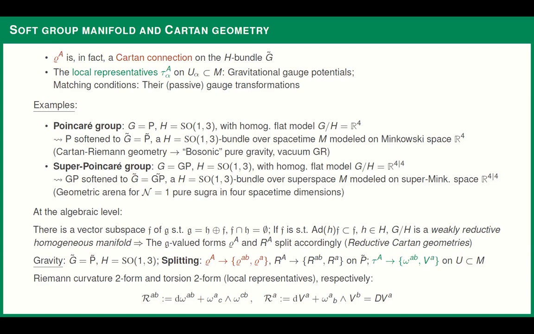And correspondingly, these are the curvatures, let's say the curvature and the torsion of the Cartan connection. And as a local representative, we'll have again curvature and torsion, which will be the Riemann curvature two-form and the torsion two-form, which are defined as usual with differential forms.